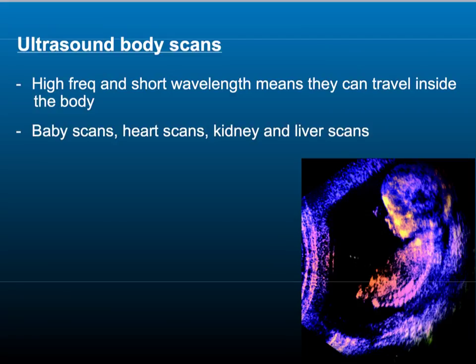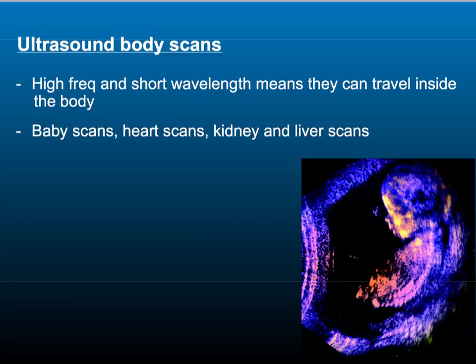Not only is ultrasound very useful to some animals, it's also very useful to us in medical terms. Ultrasound are very high frequency and short wavelength, which means they can travel inside the body. They are useful for a number of body scans, including baby scans, heart scans, kidney and liver scans.